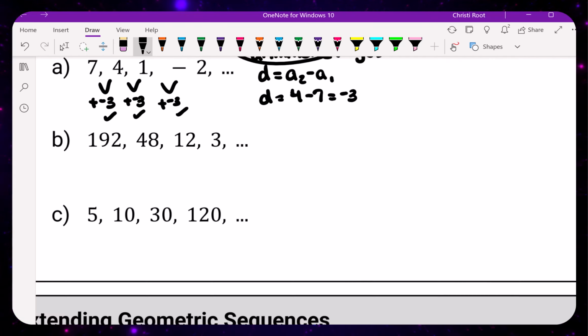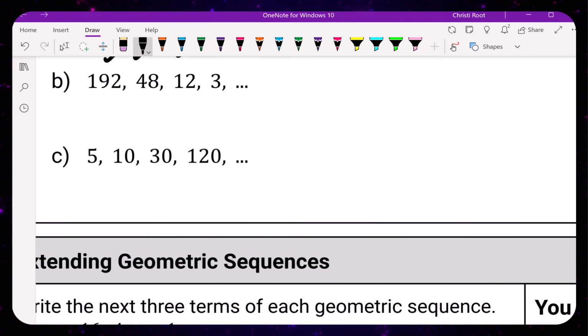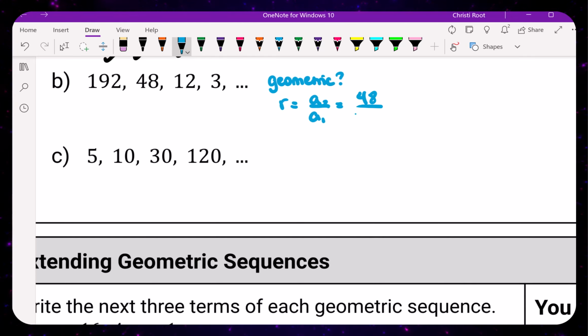Okay, part B. I see how I've got a huge jump between these two numbers, but the jump's getting smaller and smaller. So I don't think this is arithmetic. I suspect that this is geometric. So if I think this is geometric, what I'm going to do is try to find the common ratio. The common ratio is the second term divided by the first term.